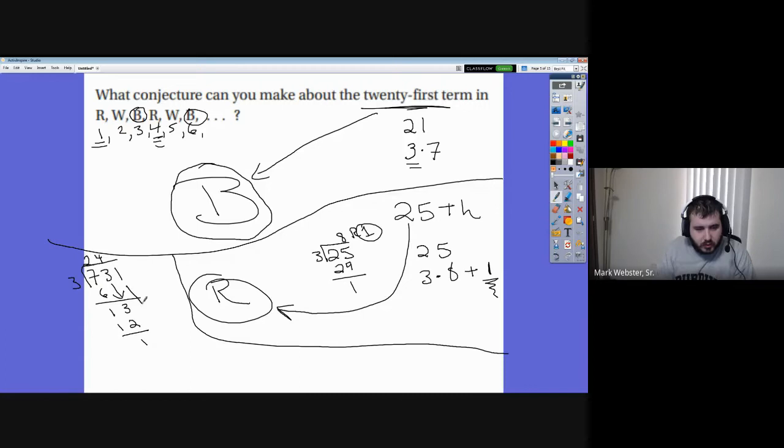Once, drop down the 1, goes into 11 3 times, 3, 6, 9. So the remainder here is 2. What numbers here are going to have remainder 2? Well, that's 2, 5, 8, and so on. So if I want the 731st term, we're going to have a W. That's what they're trying to do here.